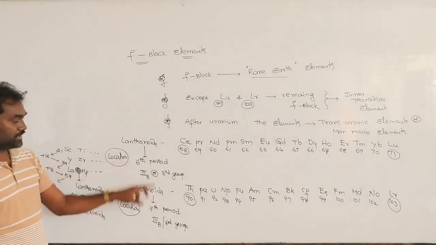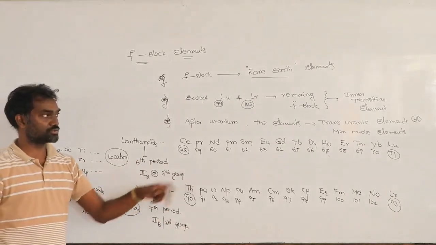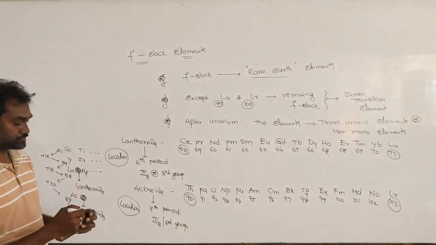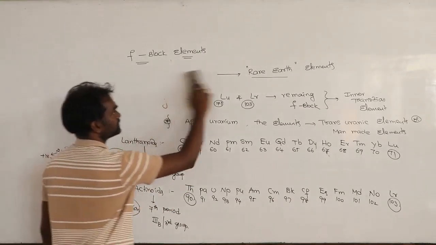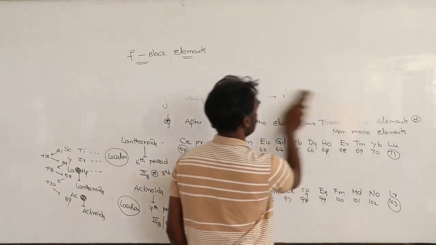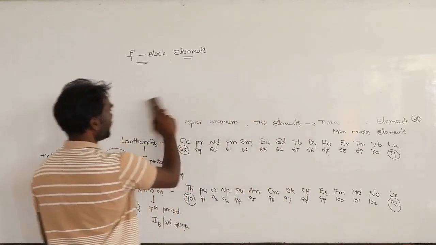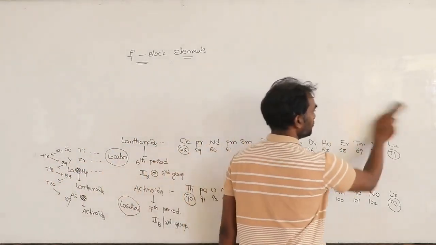So for lanthanides and actinides, their positions, both period and group, are important. Next, we are making comparisons between these two. Their properties are similar to d block elements, but less so.